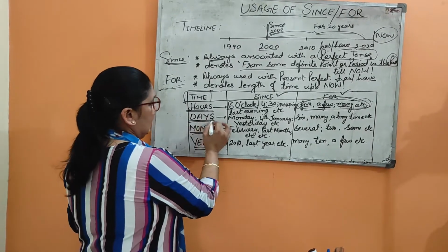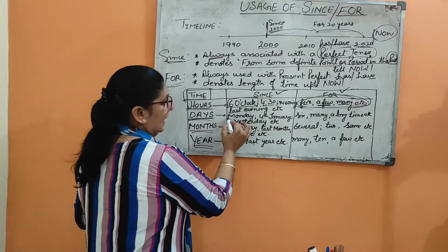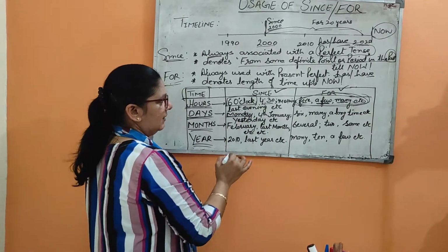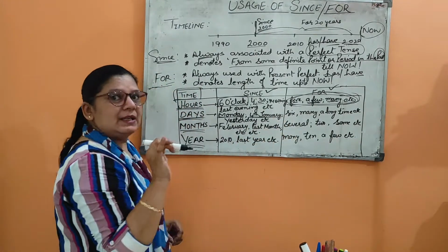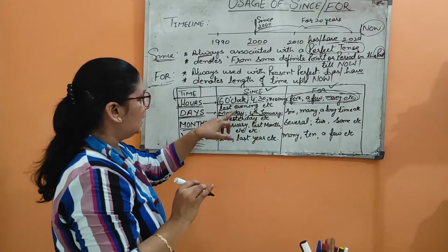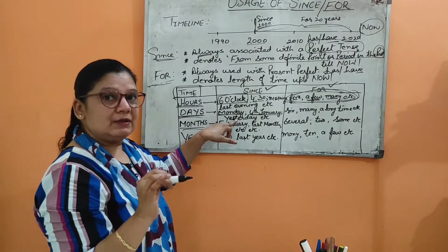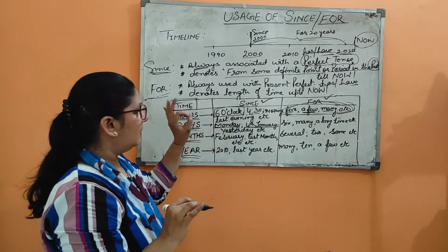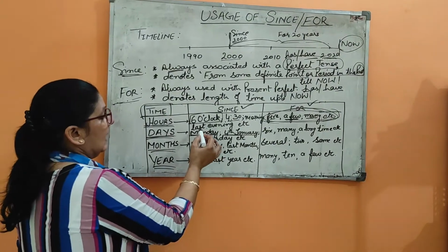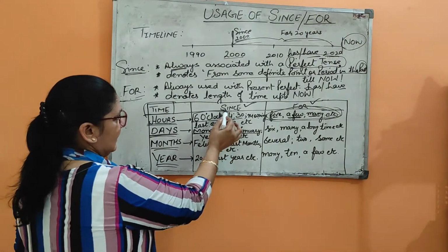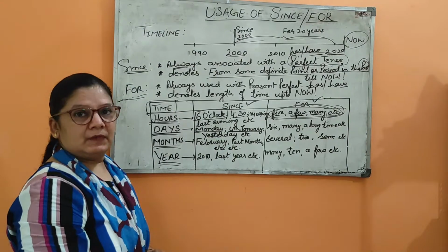When we talk about days, here you can see again, the name of the day is mentioned while using since, or a particular date. Date means a particular day is to be mentioned. Yesterday, again a particular day is mentioned. There we are pointing to days and dates. Like, I have been exercising since Monday, not for.